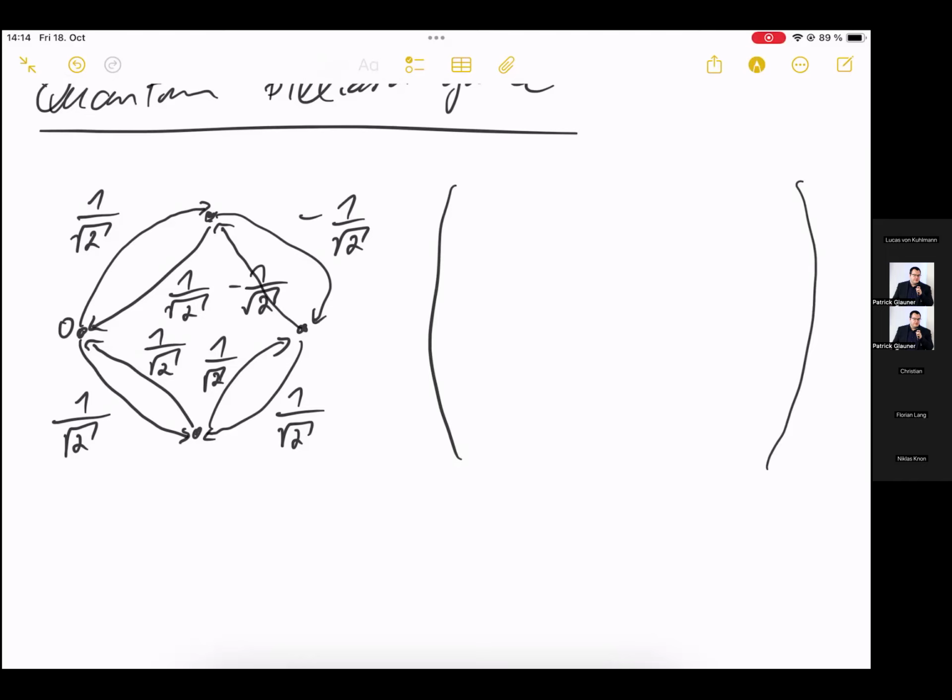Oops, I just forgot to add the numbers here. So that's correct. And once you have an answer, you can send this to the chat.